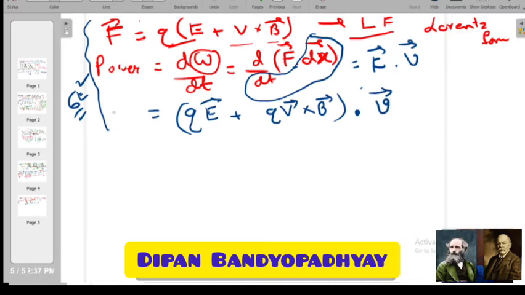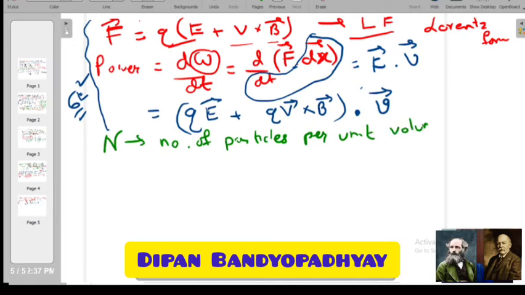Now see, this is for one charged particle, that is the force acting on one particle per unit volume. Now if we have n particles per unit volume, if I consider this, what we have?